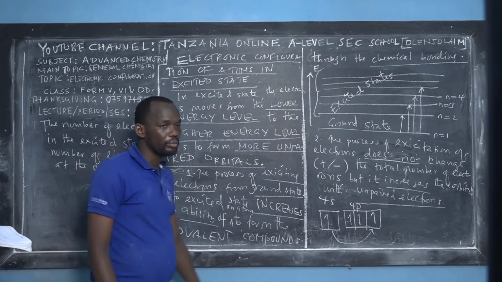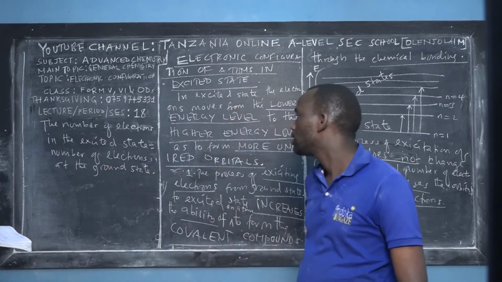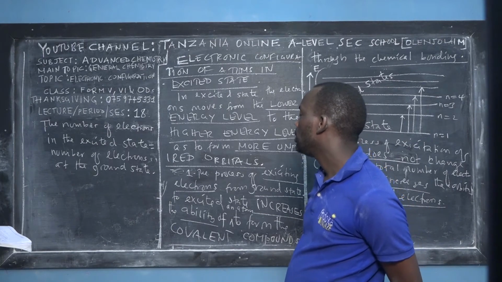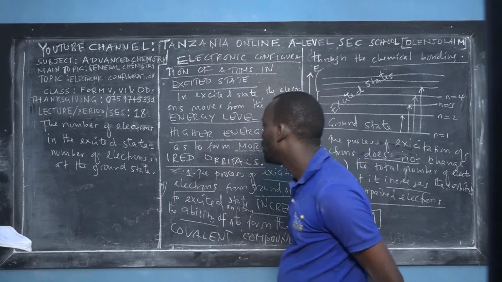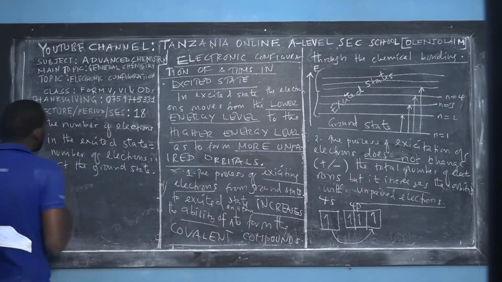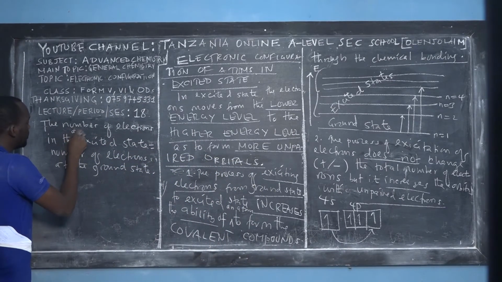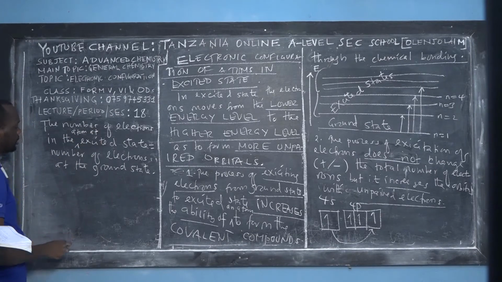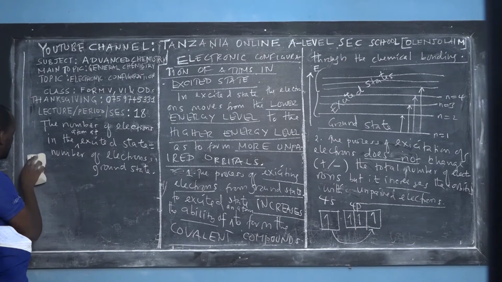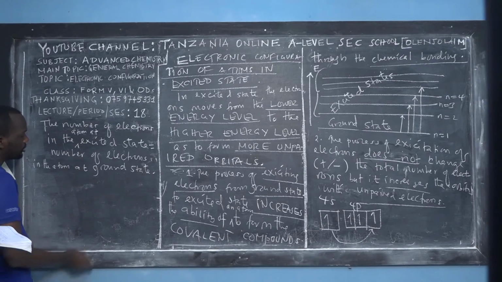This is the sentence I wanted to make: the number of electrons in the atom at the excited state is equal to the number of electrons in the atom at the ground state.